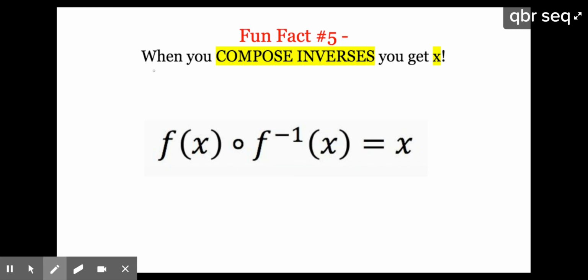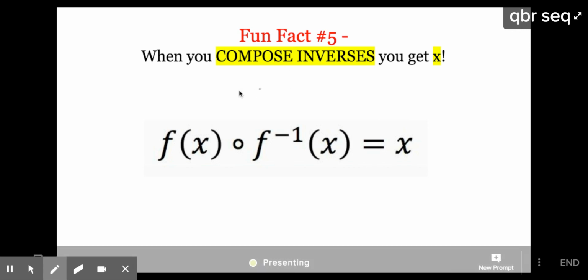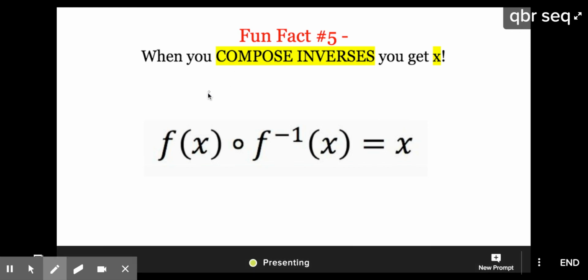Let's say you start with a present. You bought me a present and you wrap the present. That's f of x. Wrap present. And then the opposite of wrapping is unwrapping.